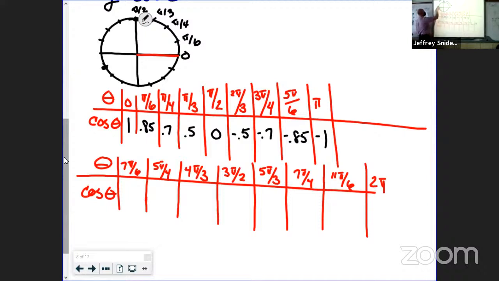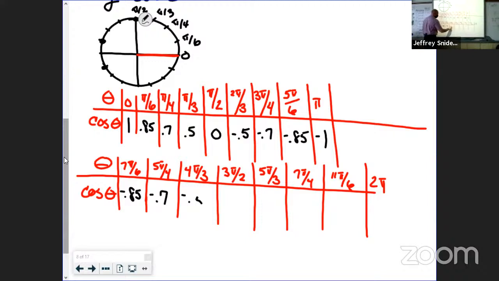7 pi over 6. Isn't this going to be the same as this? What was that one? Negative 0.85. 5 pi over 4 is going to be the same as 3 pi over 4, so it's at negative 0.7. 4 pi over 3 is the same as 2 pi over 3 for the cosine. Their x coordinates are the same.